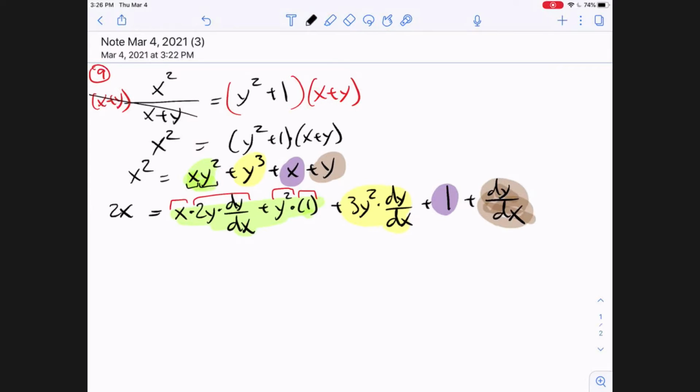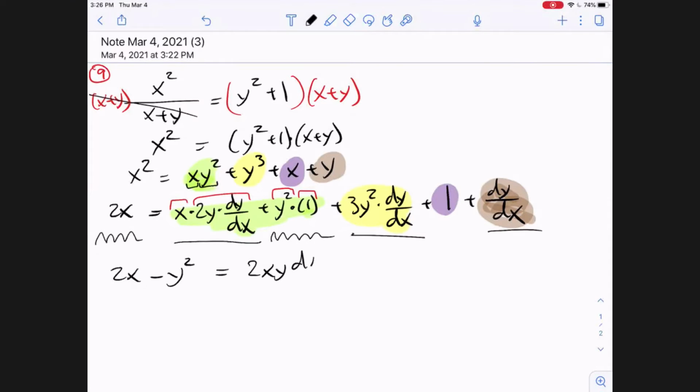Okay, now we have three terms that have a dy over dx. So we're going to leave those on the right side. And then the terms that do not have a dy over dx, which are the squiggly lines, we're going to move to the left, which is basically 2x is already there, and I'll move the y squared. So then the dy over dx terms are on the right. That's going to be 2xy dy over dx. And the 1 also, Professor.